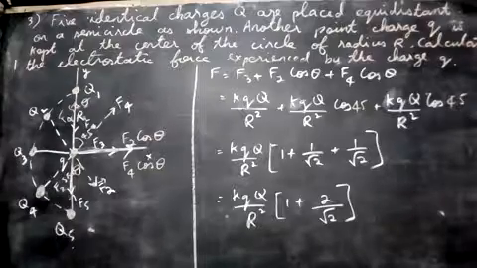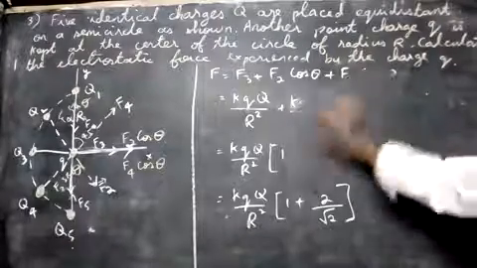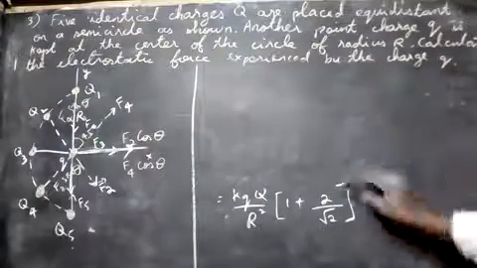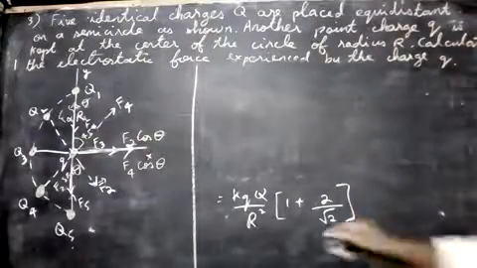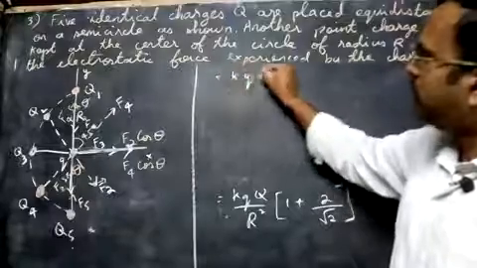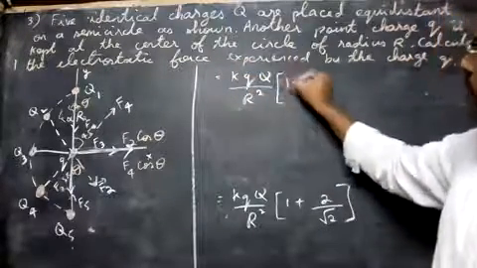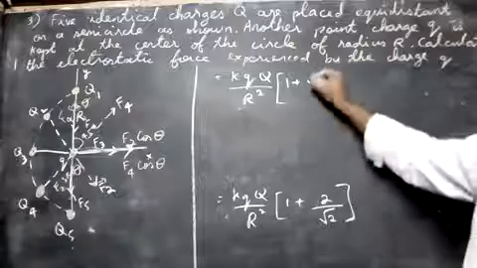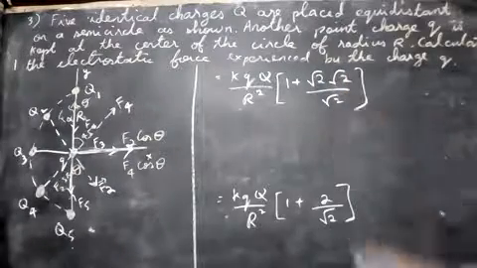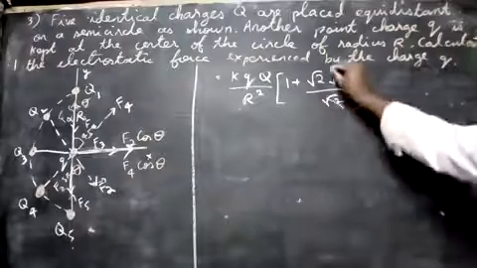Let me write the next step here. We take k q Q by R squared into 1 plus 2, which we can write as root 2 into root 2 by root 2. Here root 2 and root 2 will cancel.